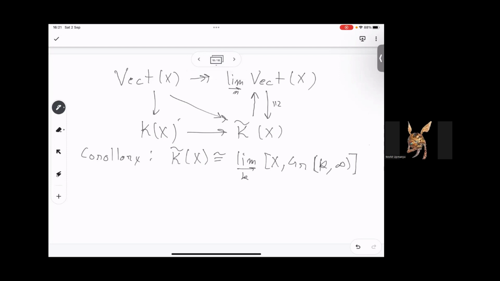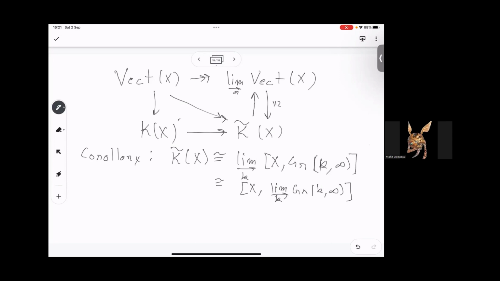Right? And this is in fact then isomorphic to [X, inverse limit of Gr_K(C^infinity)]. Right, this is just right. So this is a corollary.